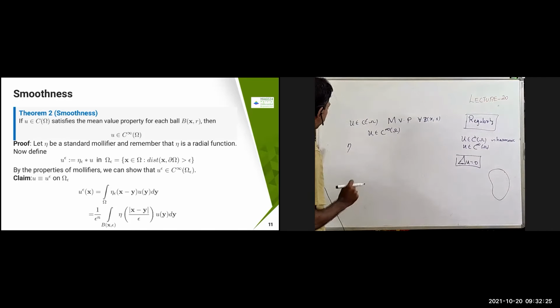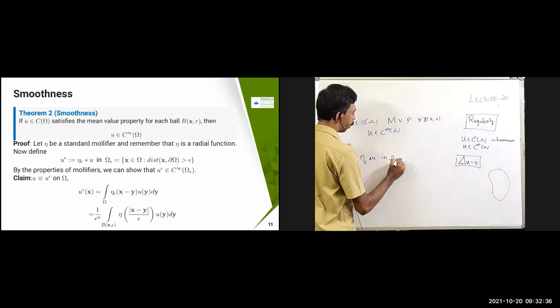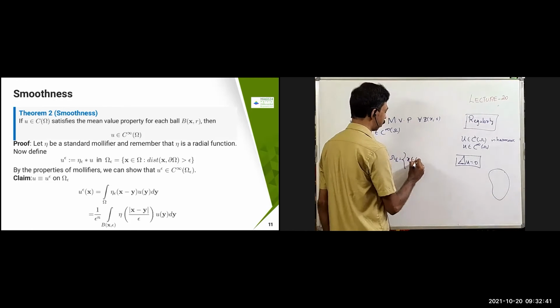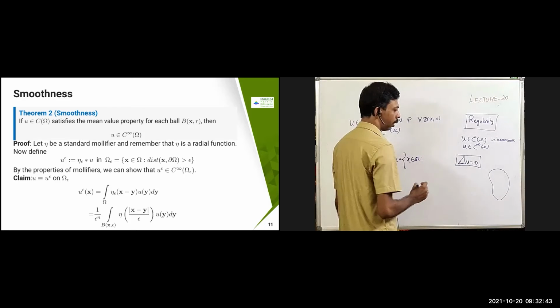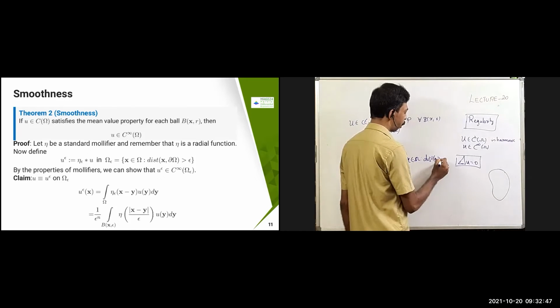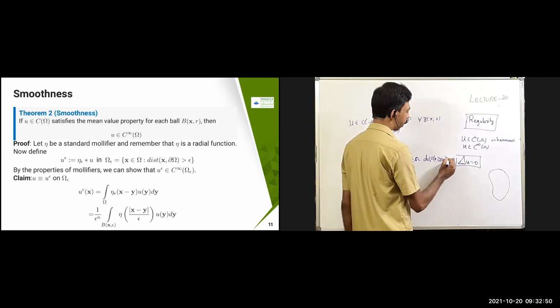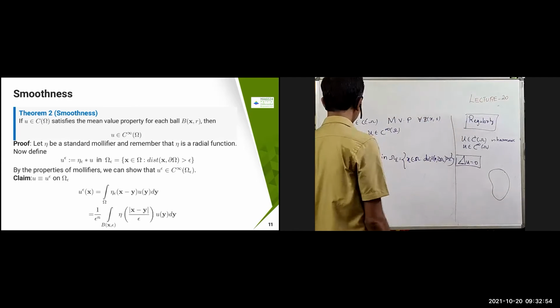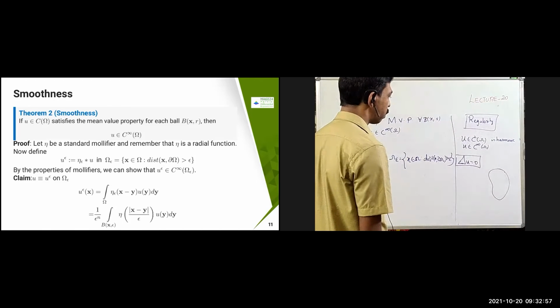Now we define u epsilon, the mollification, which is nothing but eta epsilon star u, in omega epsilon, where omega epsilon is defined as follows: x belongs to omega such that the distance between x and dou omega is greater than epsilon. This is my omega.